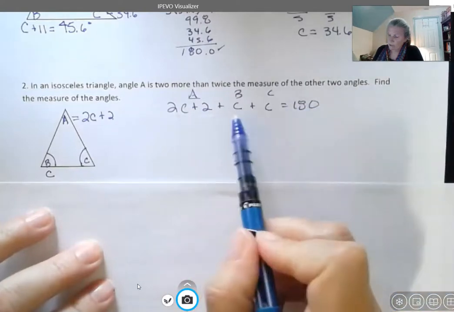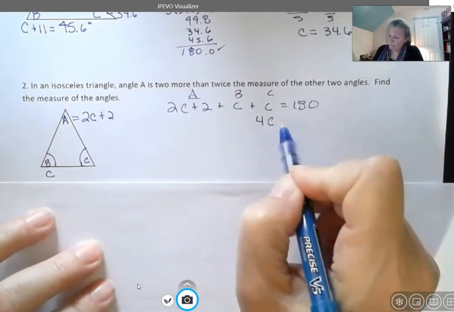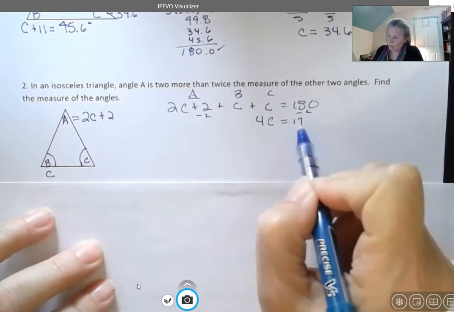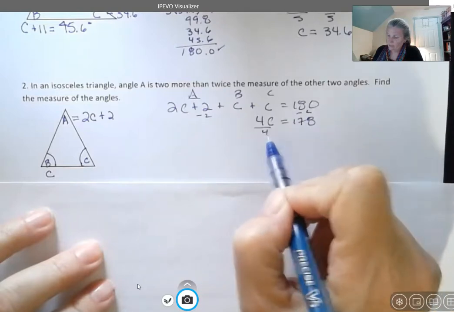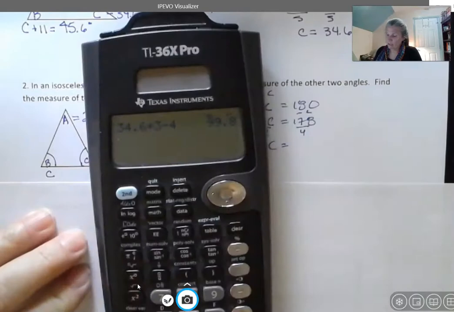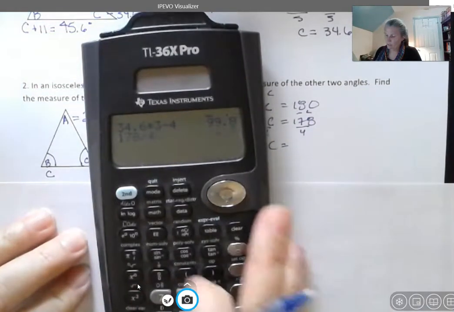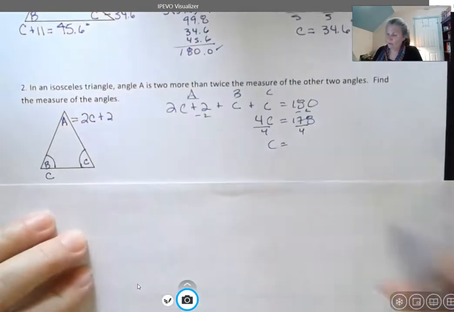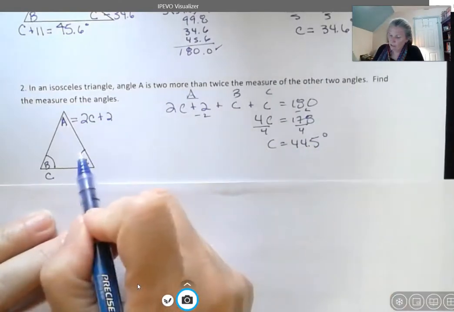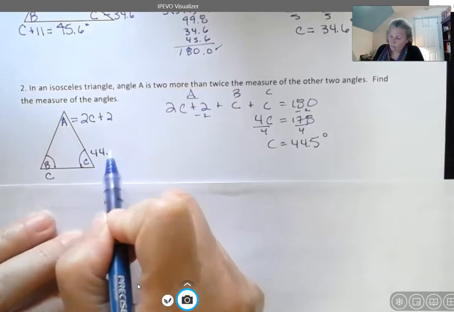And I have 1, 2, 3, 4C. And I'm going to subtract 2 from both sides and get 178. And then divide both sides by 4 to see what that is. 178 divided by 4 is 44.5. So what I know is that's C down here. That's 44.5 degrees.